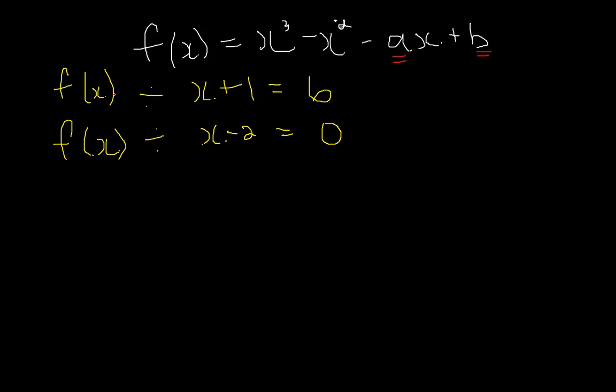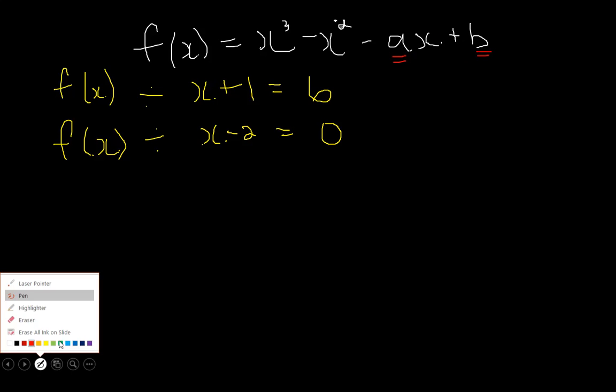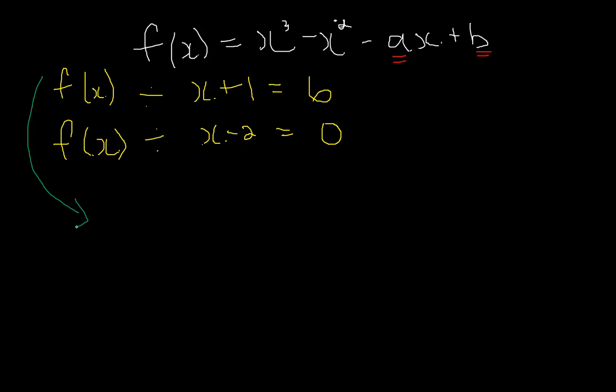Well, f of x divided by x minus 1 is equal to 6. I can also write that as f of minus 1 is going to equal 6. So whatever f of minus 1 is, when I substitute minus 1 into this polynomial expression, my answer is 6.